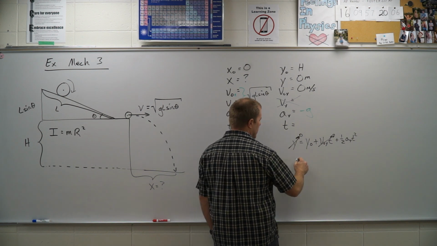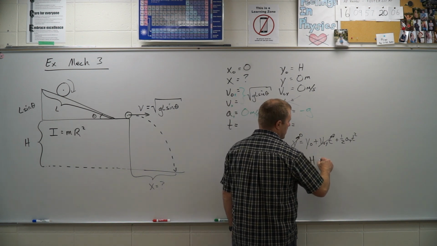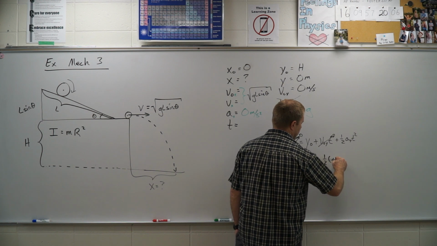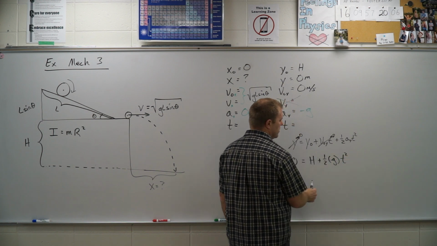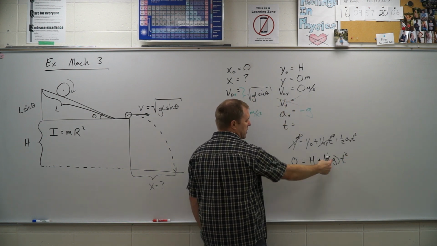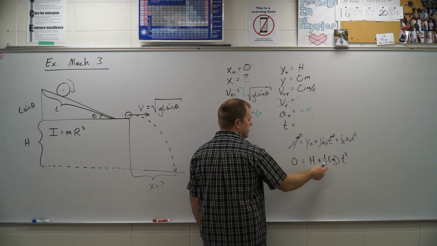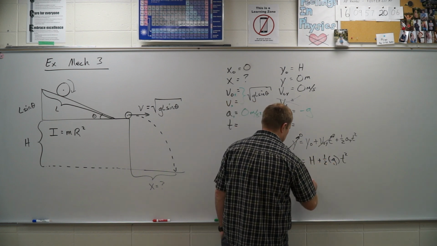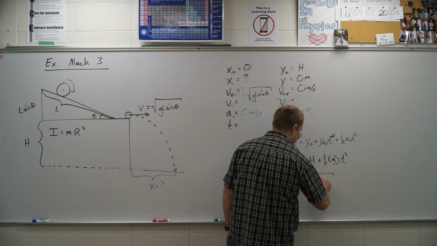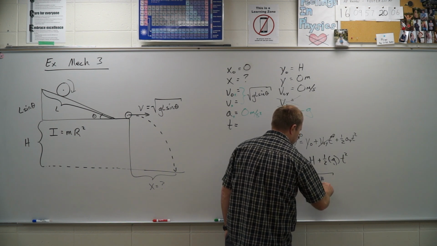And so I'm left with 0 equals h plus 1/2 times negative g t squared. Move the h over, cross out the negatives, multiply by 2, divide by g, and take the square root. So my time will equal the square root of 2h over g.